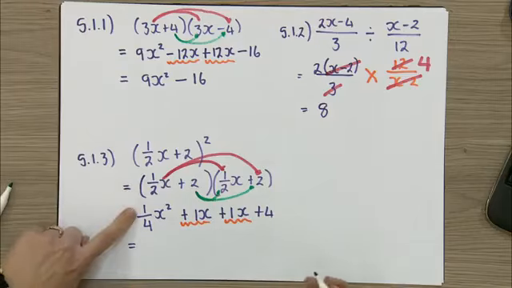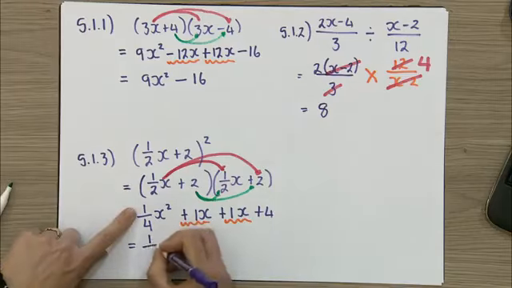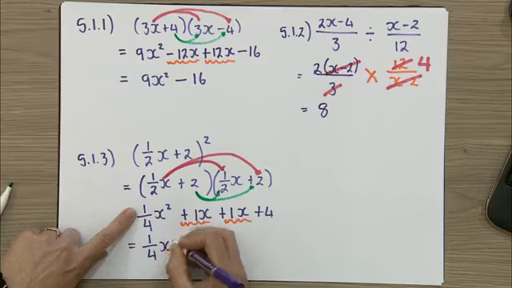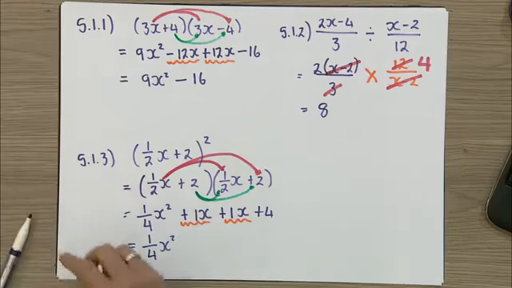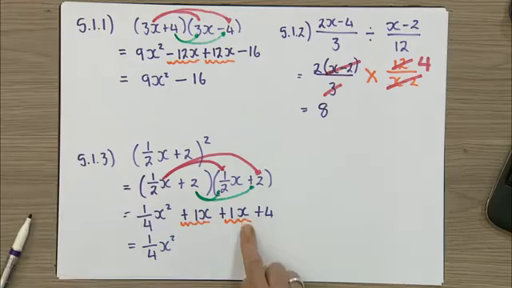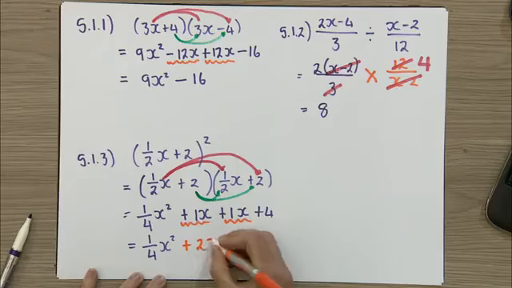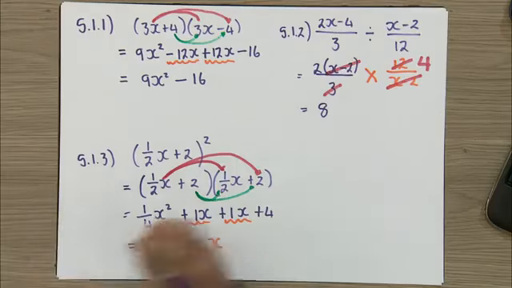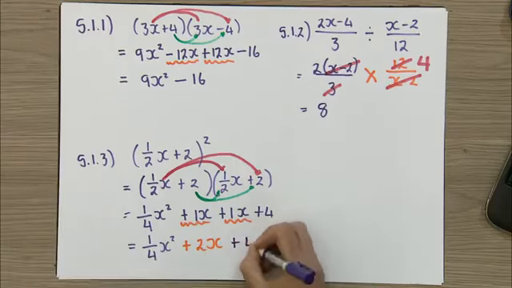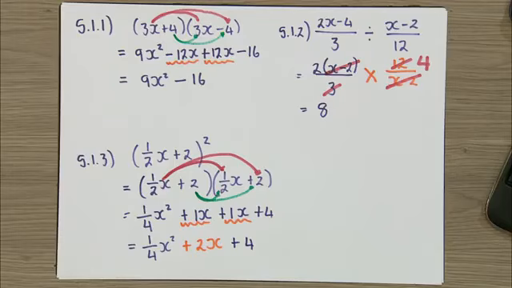A quarter x squared didn't have any like terms, so I just write it down. If I add up my like terms, 1x plus 1x, be careful, I'm adding terms so I don't mess with the exponents. If I've got 1x and I've got 1x, it's plus 2x. And then plus 4. There we go, grade 9s.